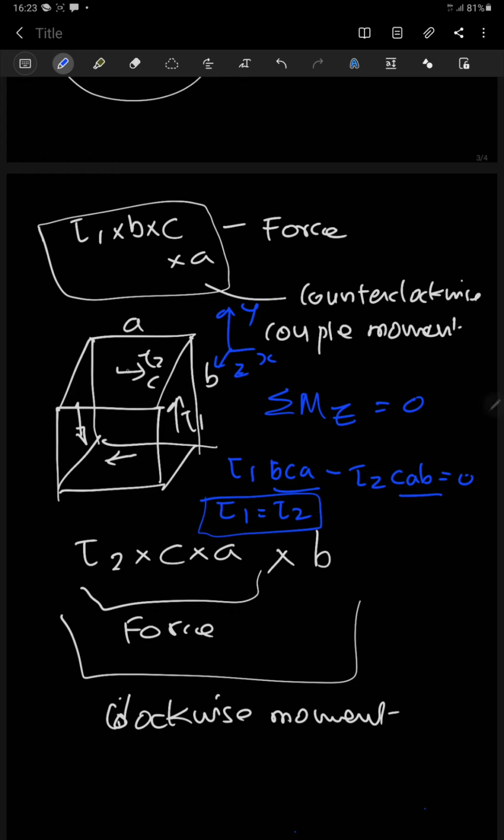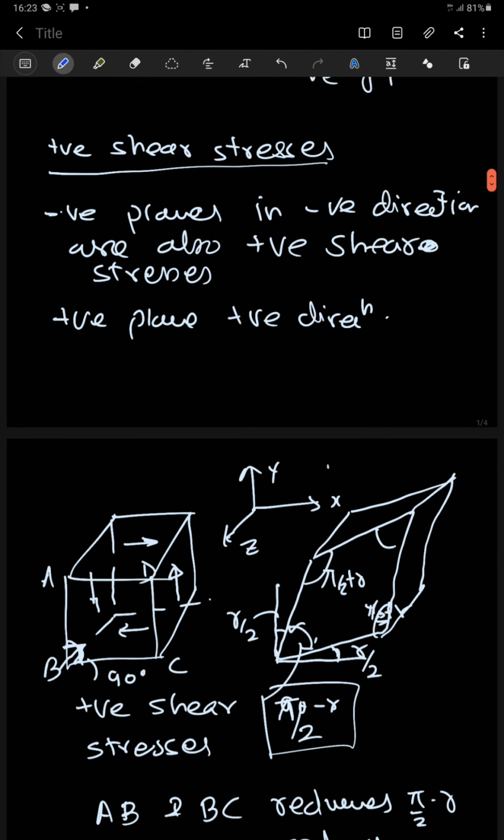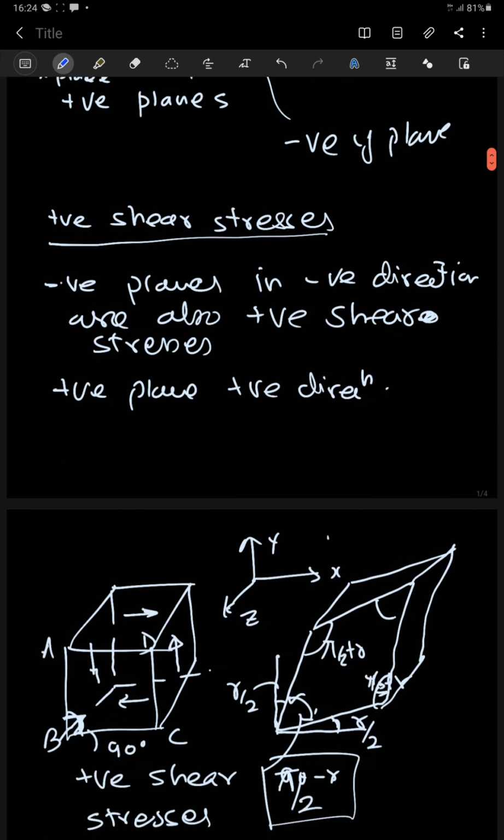You can see here this stress points towards, and this stress points away on the perpendicular faces. So, we have proved that shear stresses are complementary to each other, and on all faces the magnitude of the shear stresses is equal, and we can say the complementary shear stress formula is achieved.